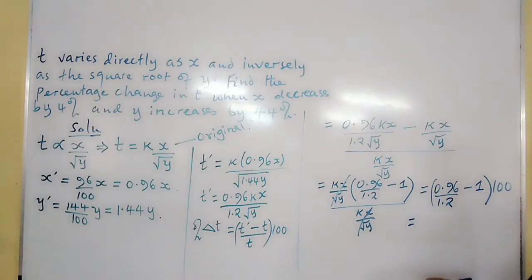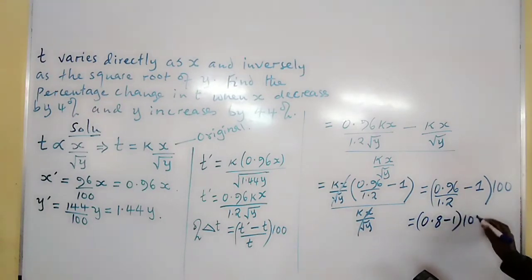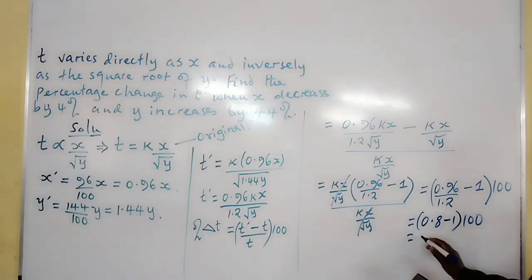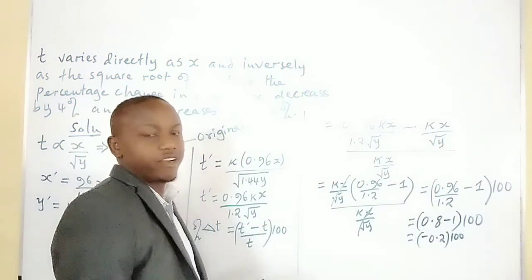So 0.96 divided by 1.2 becomes 0.8, then minus 1, multiplied by 100. When we subtract 1, we will get negative 0.2, times 100.